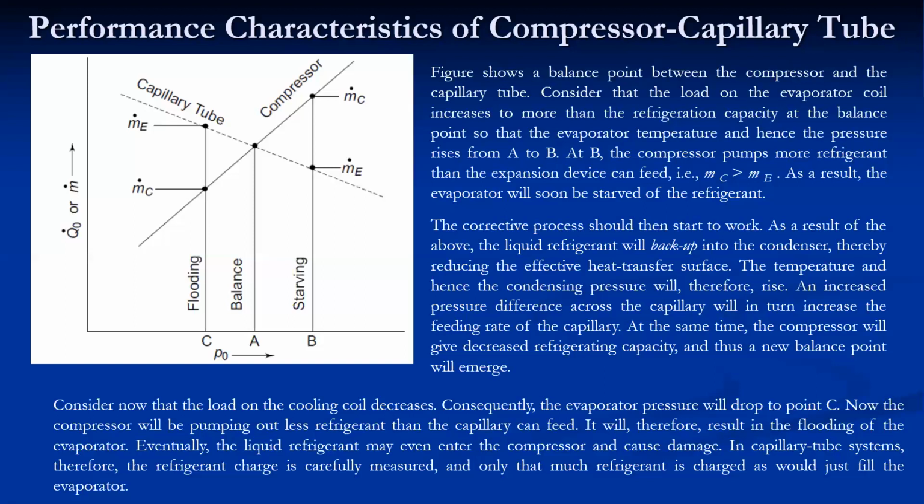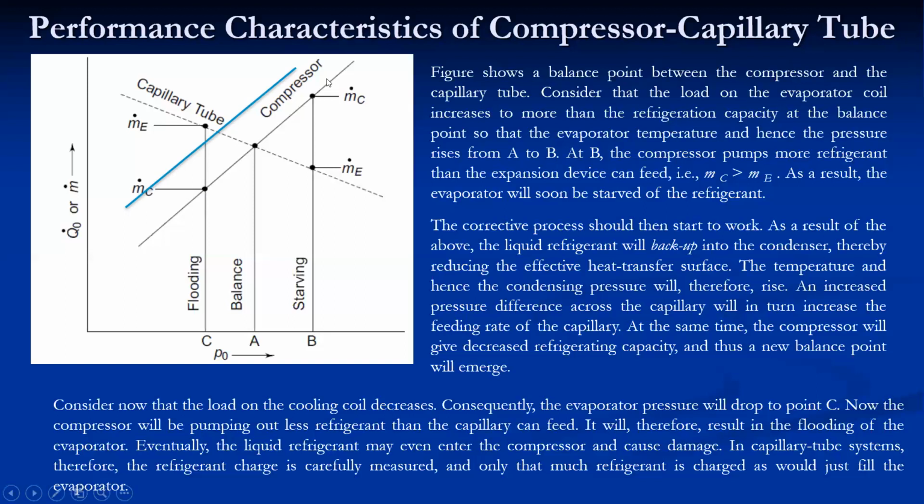If we provide an adequate quantity, now what will happen in this case? The quantity of refrigerant going to the condenser is less, so obviously it reduces the condensing temperature.